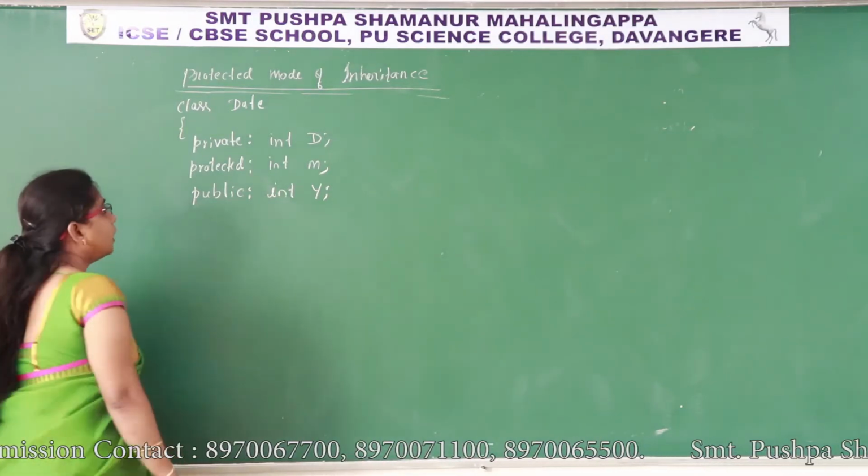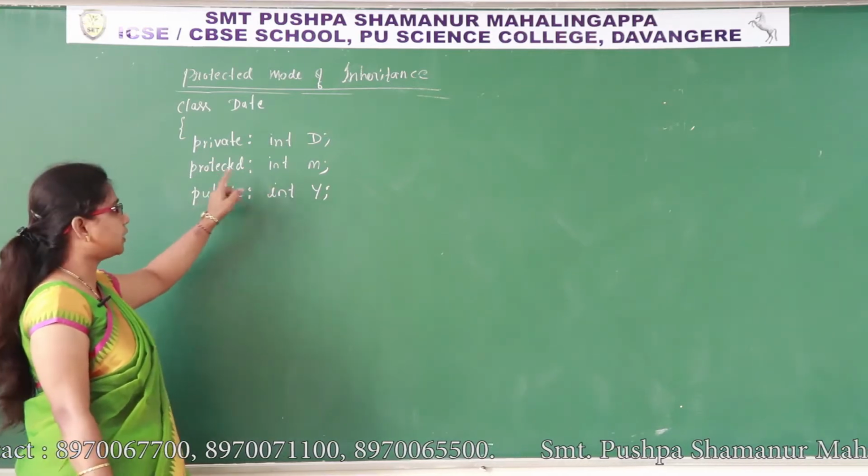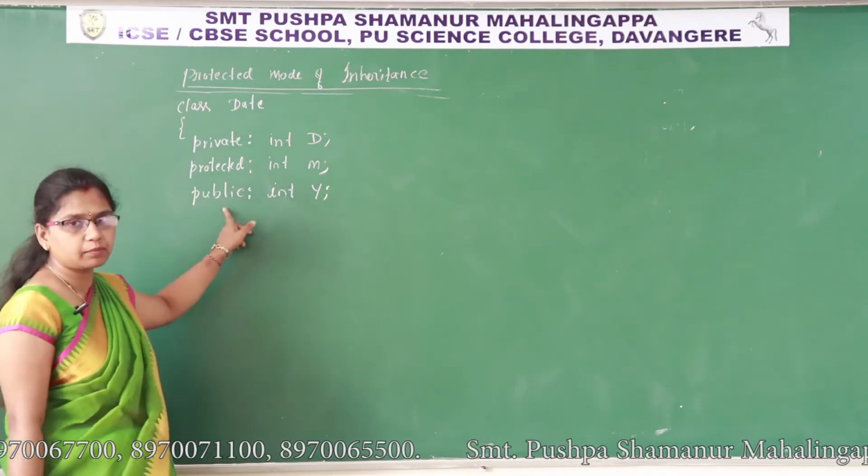See here, day is a private member of the base class, month is a protected member, and Y is a public member.